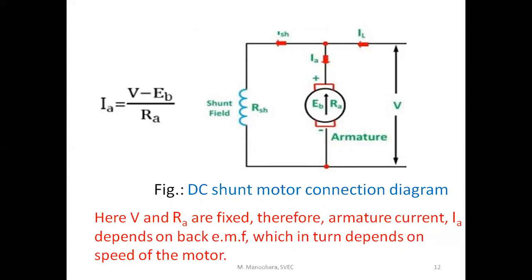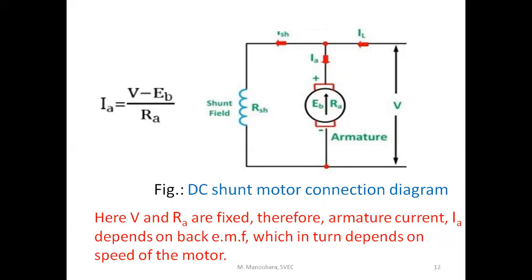If you rewrite this equation, we get IA equals V minus EB divided by RA. If you see this IA equation of the DC motor, the supply voltage is always constant. Once the motor is designed, armature resistance is also constant. Therefore, armature current depends upon back EMF, EB.